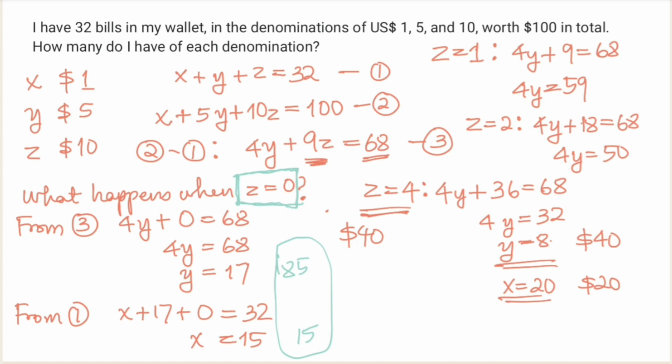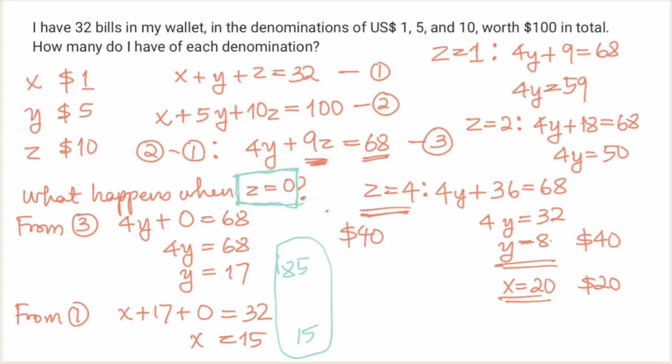So z equals 5 doesn't work. Z equals 6. 6 times 9 is 54. We subtract from 68. That's 14. It's not a multiple of 4. Z equals 7. That gives 7 times 9, 63. We subtract from 68. We get a 5. It's not a multiple of 4.